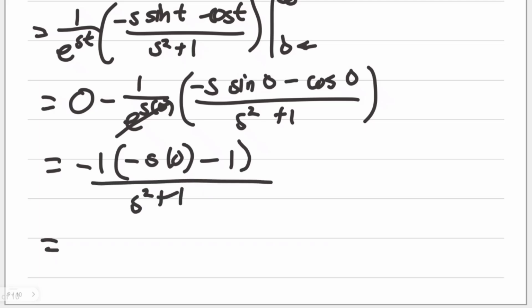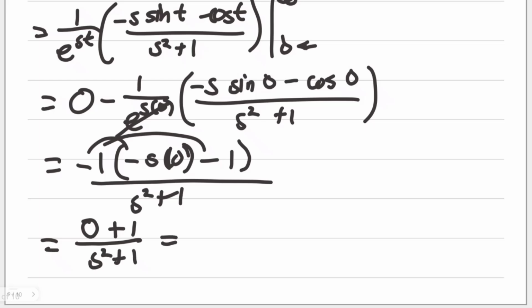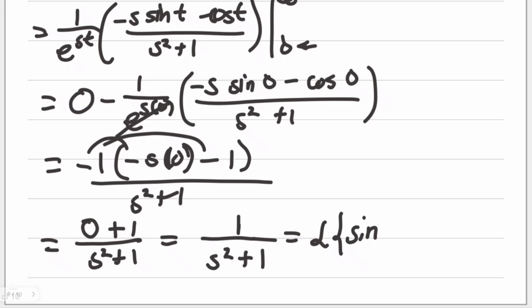By the double negative property, that's positive, and since the s term becomes 0, this becomes plus 1 over s squared plus 1.